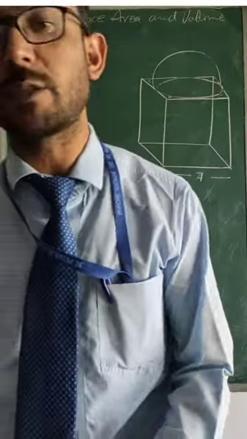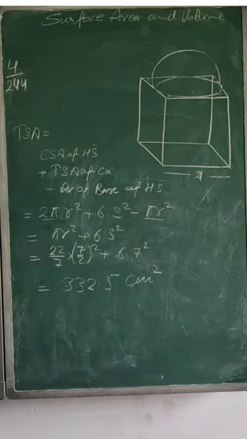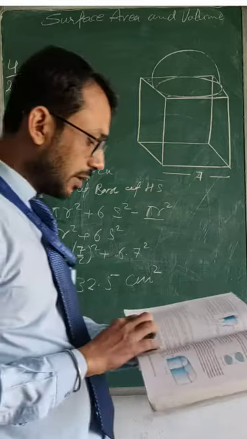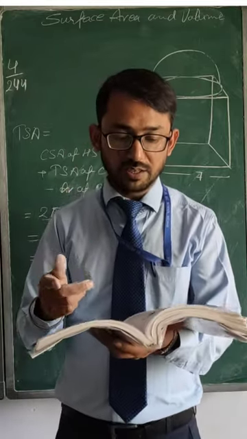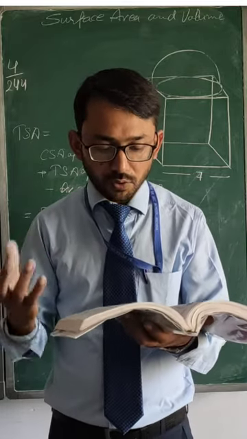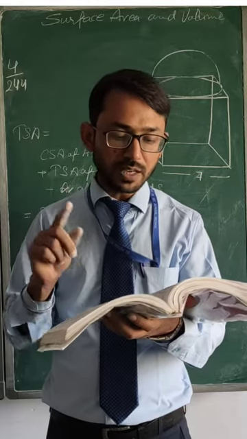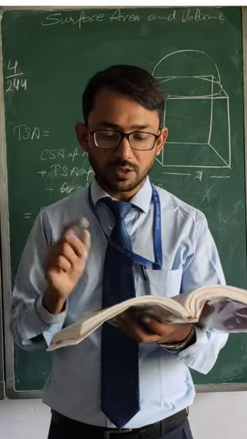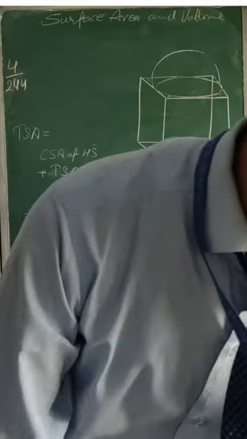Now see the next question, what they are asking. Next question, I am just explaining, will be totally the same as we have done in the previous question. Question number 5. A hemispherical depression is cut out from one face of the cuboidal wooden block such that the diameter L of the hemisphere is equal to the edge of the cube. Determine the surface area of the remaining solid.